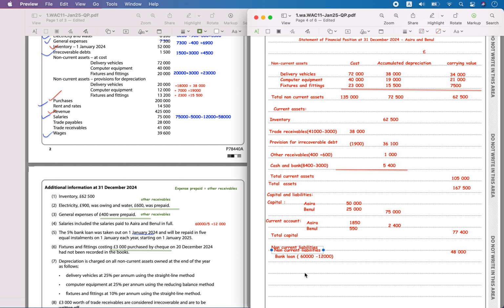And then we have to include the current liabilities. The first is the bank loan repayment that was paid this year, which would have become a current liability.